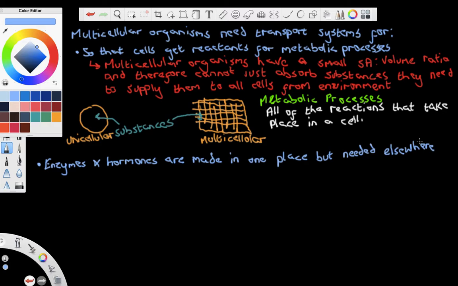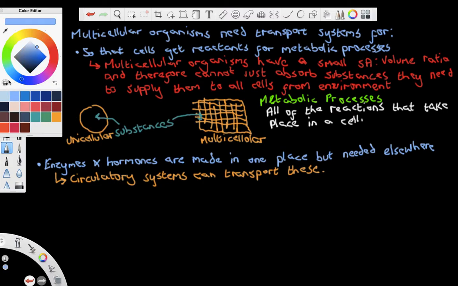So by having things like a circulatory system, it allows enzymes and hormones to be transported. So we can put underneath that circulatory systems can transport these. Okay.